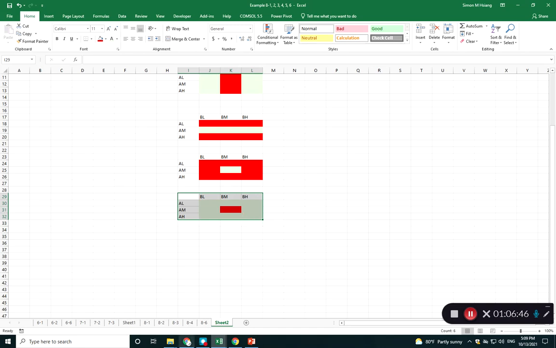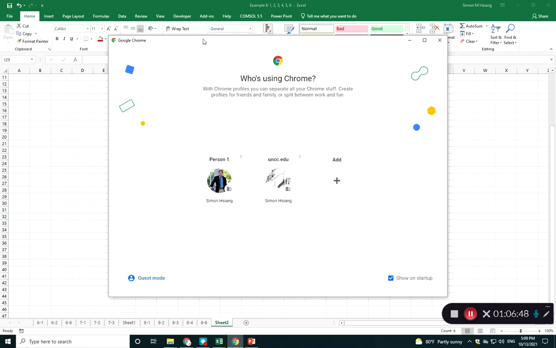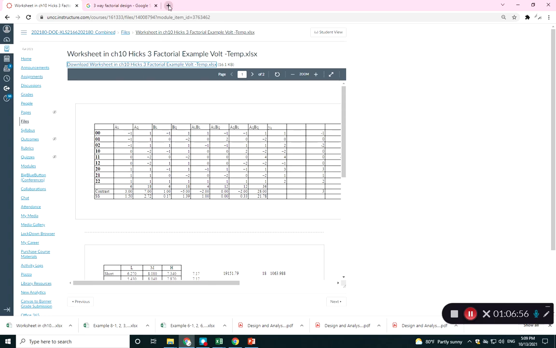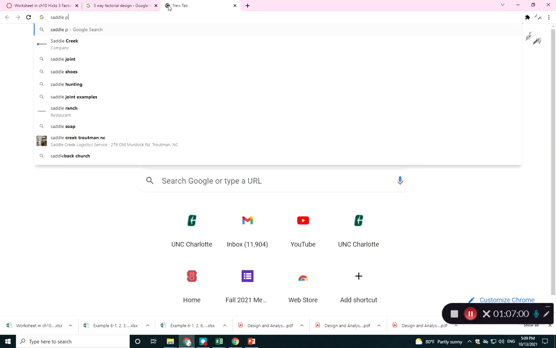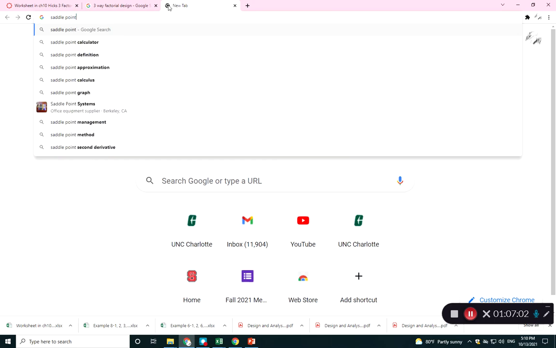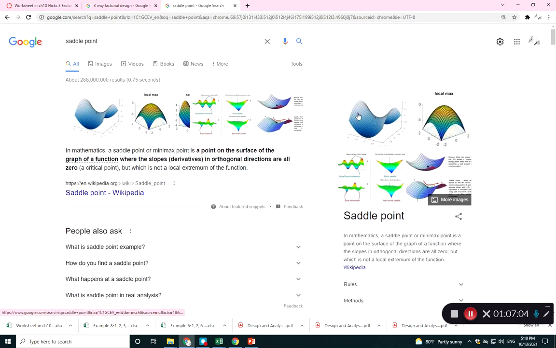And let me show you a saddle point, because I'm not good at drawing this, and I don't want to just give you the equations. Here, saddle point. Okay?